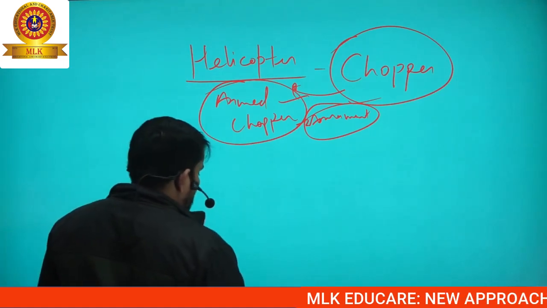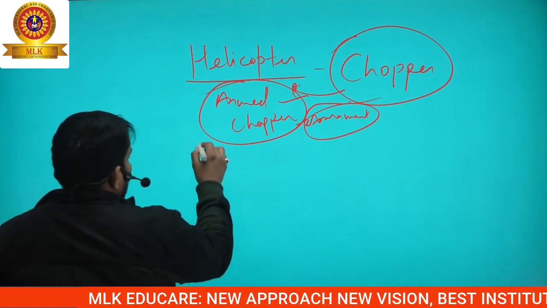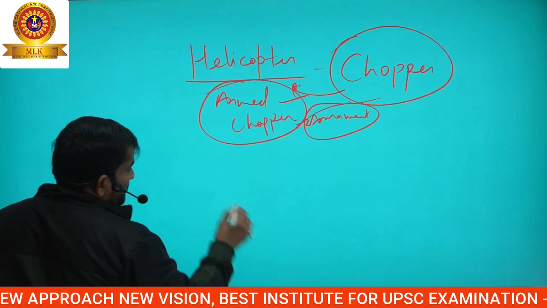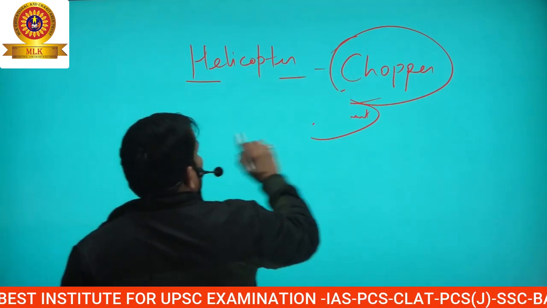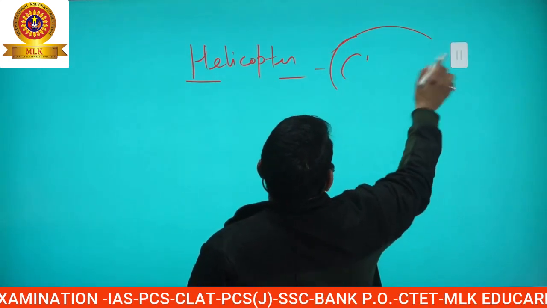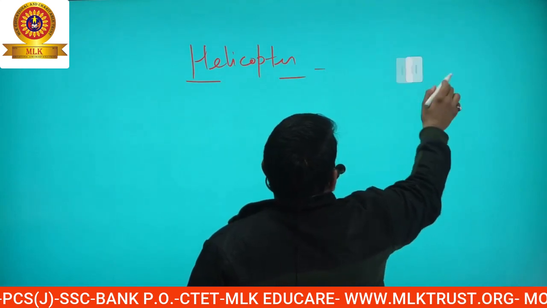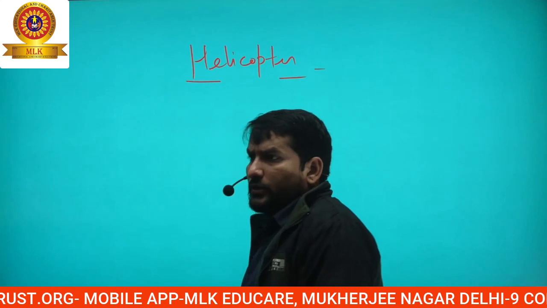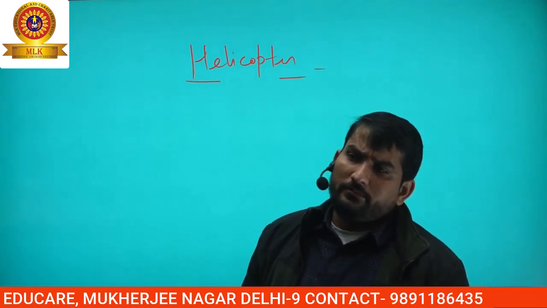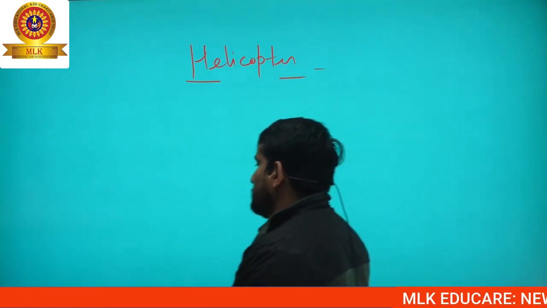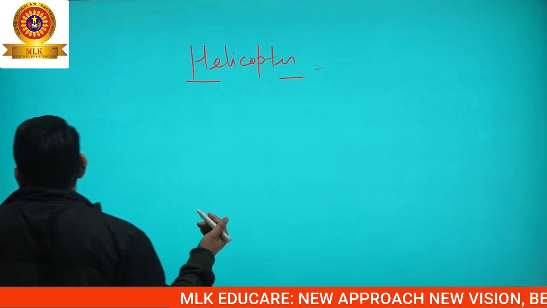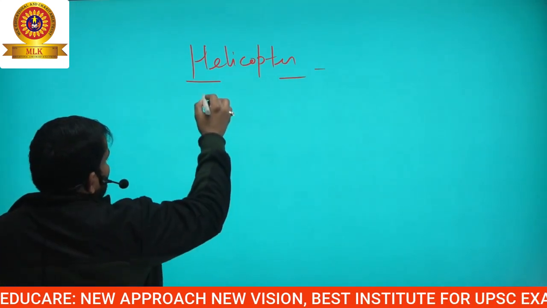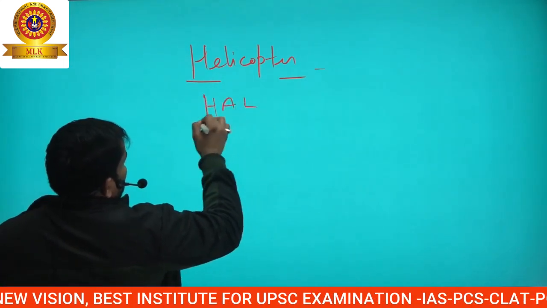The choppers here are like the HAL Excellent. Actually, most of the unmanned air vehicles, like drones, and some parts of the aircraft, are developed by our public sector government company known as HAL.